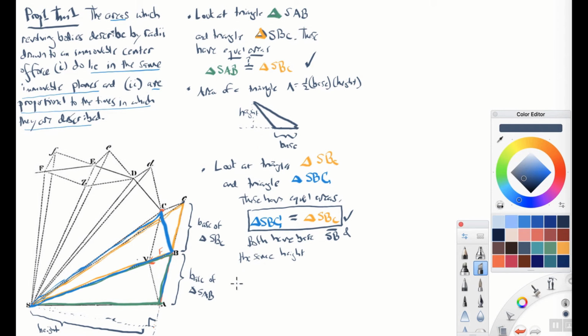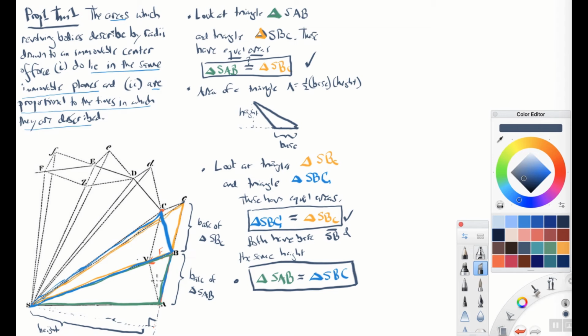In other words, since we've shown that the green and the yellow triangles have equal areas, and we've shown that the blue and the yellow triangles have equal areas, then by the transitive property, the triangle SAB has the same area as triangle SB big C. So these two triangles have an equal area.